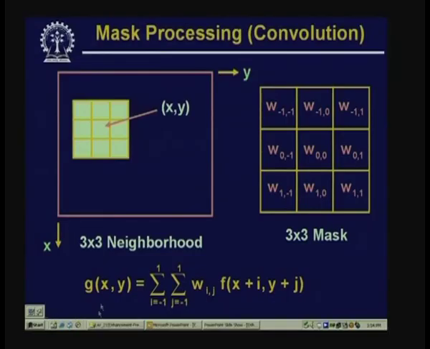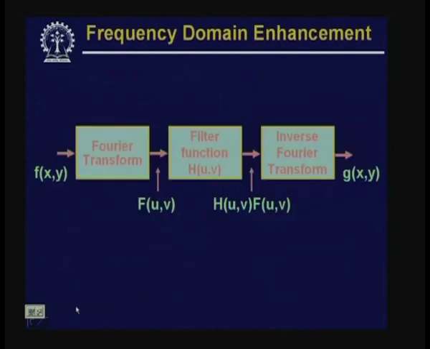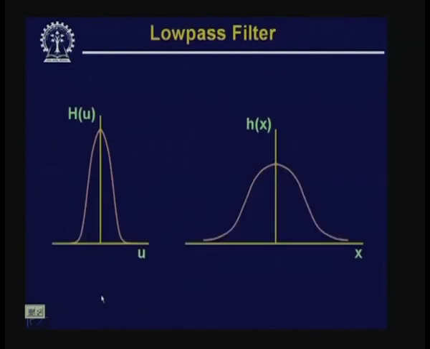Now, let us see what will be the nature of such low pass filter functions. Here on the left hand side, we have shown the frequency domain filter H(u) as a function of u, and on the right hand side, we have shown the corresponding spatial domain filter H(x), which is a function of x.